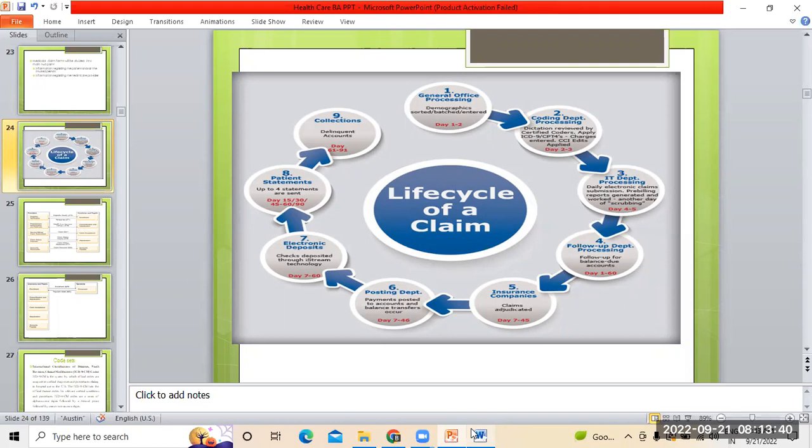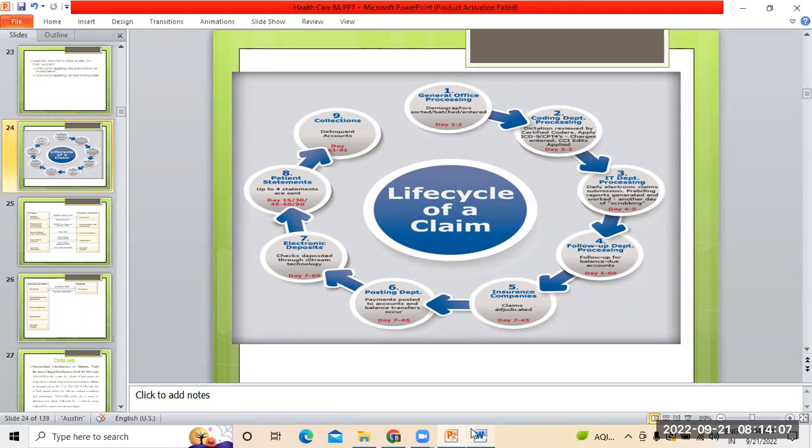In this general office processing, we need to understand the demographics first. So what are the demographics? Because the process of initiation happens through demographics. Based upon the demographics, it will be sorted out and the information will be entered at the first level.